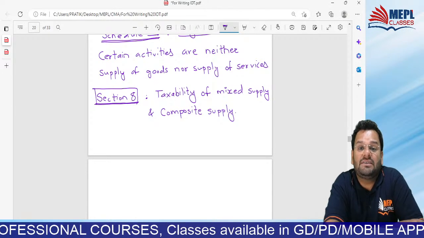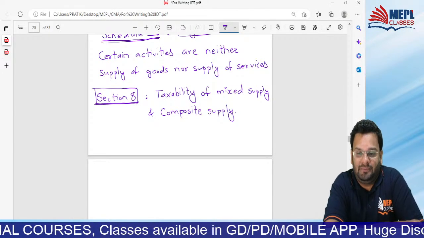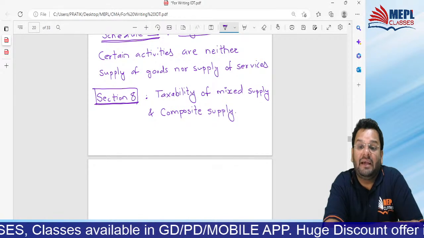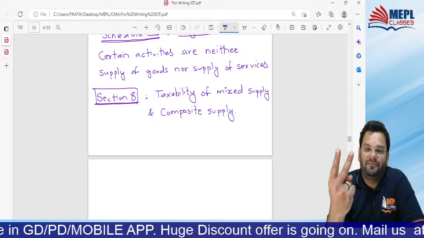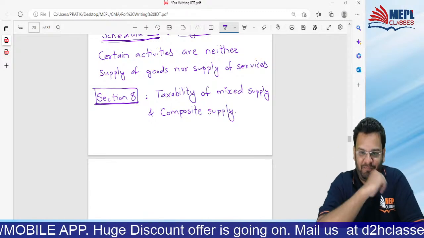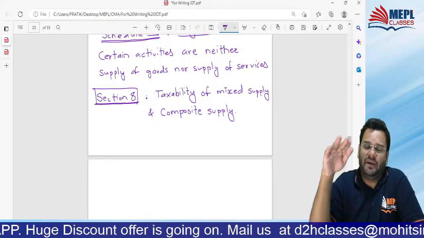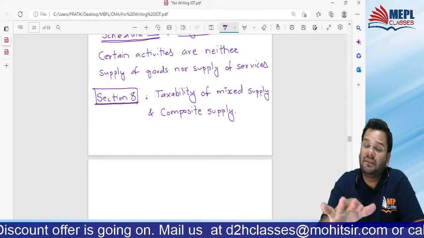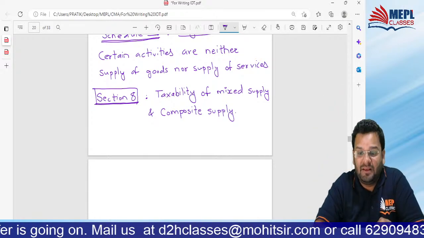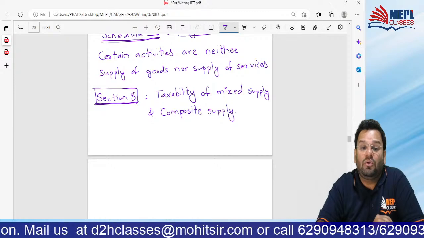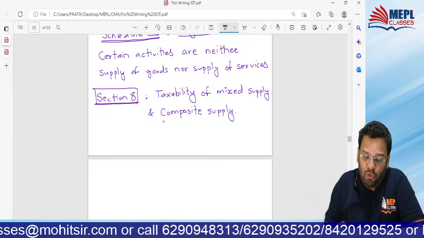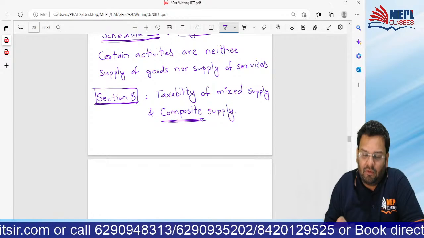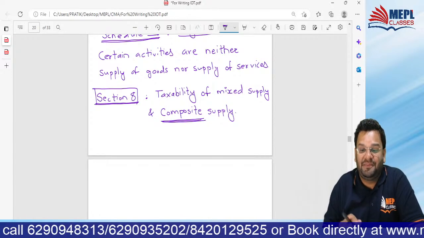So which supply is Air India doing? Air India actually is doing two supplies here, isn't it? One is supply of air travel, another is supply of food. Correct? So this type of supply is called a composite supply. Why composite supply?